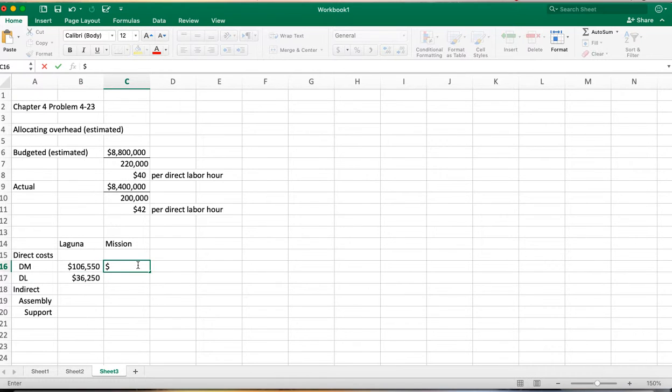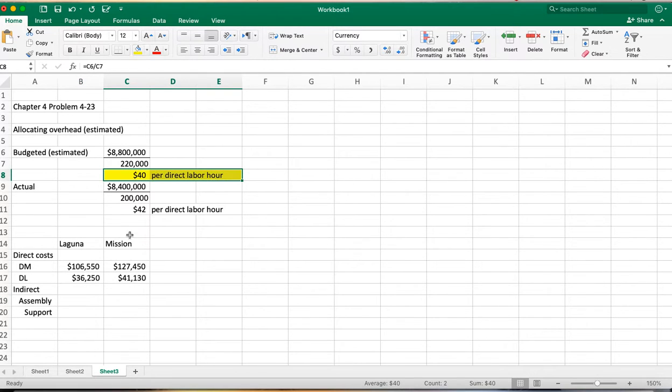For the Mission model, it was $127,450. And for the direct labor for the Mission model, it was $41,130. And then to get our normal costing, as it says, we would use this $40. This is what normal costing is based on, not actual. And we know it was $40 per direct labor hour.